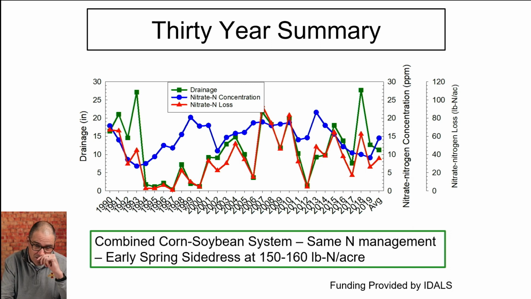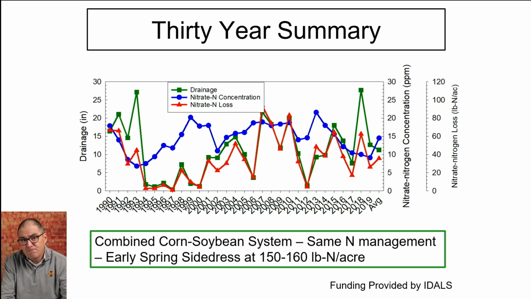So in 2 slides, we'll get to that. But first, this goes through 30 years of data from our drainage water quality site near Gilmore City, and the green line squares there is our annual drainage. You can see in 2018, we had about 26 inches of drainage, about that in 1993, and then there'll be some dry years where we have hardly anything.